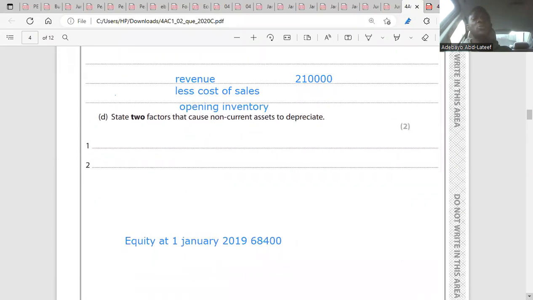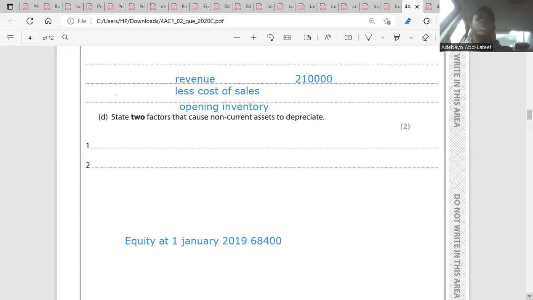They said, state two factors that cause non-current assets to depreciate. This is depreciation. Non-current assets are assets that can stay with the business for a very long period of time, more than a year. Like land, machinery, building, equipment, motor vehicle. They can stay for more than a year, yes or no?